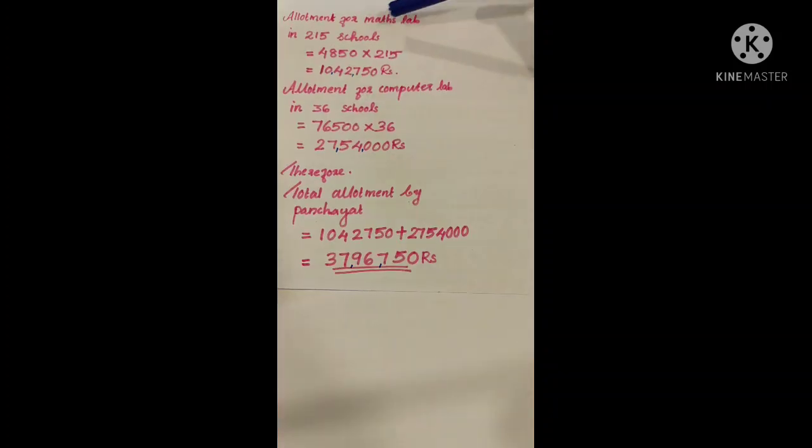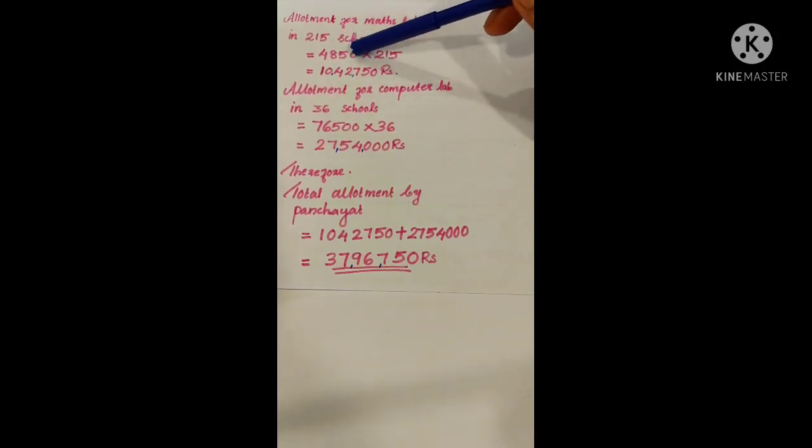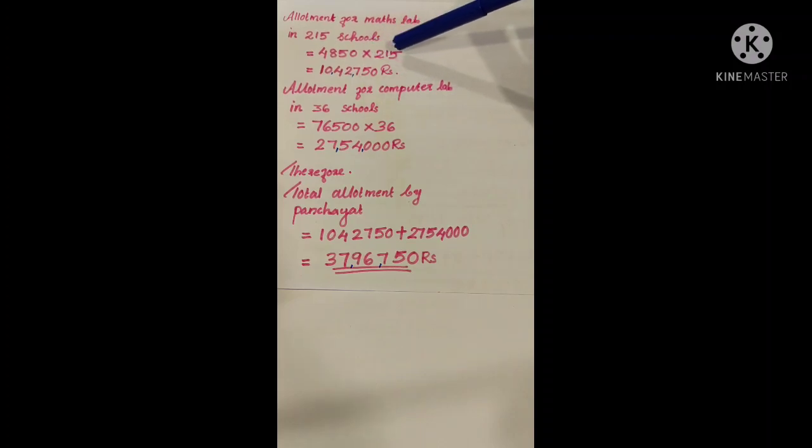Look, allotment for math lab in 215 schools is equal to 4,850 into 215. By multiplying these two numbers, we get the product as 10,42,750 rupees. That much amount is needed for setting up a math lab in 215 schools.